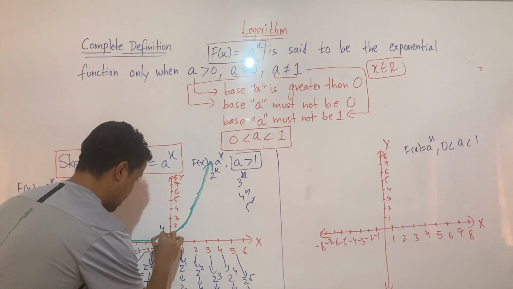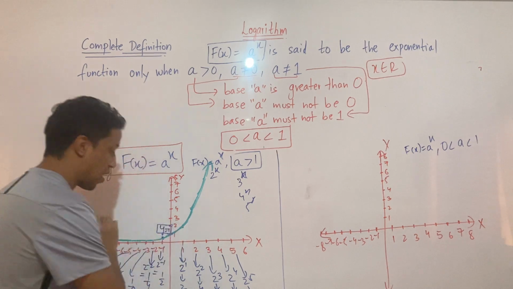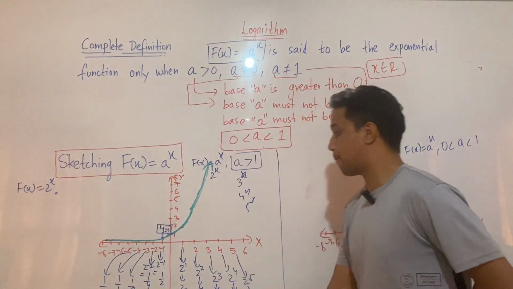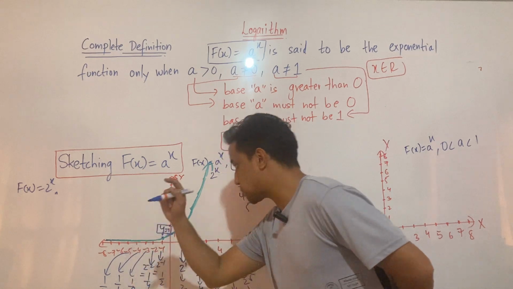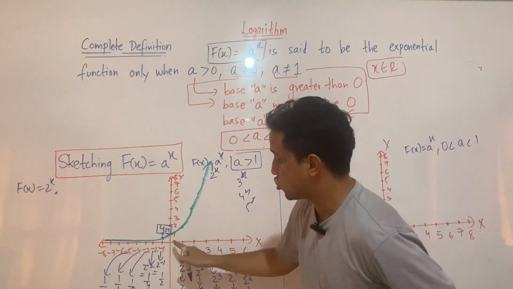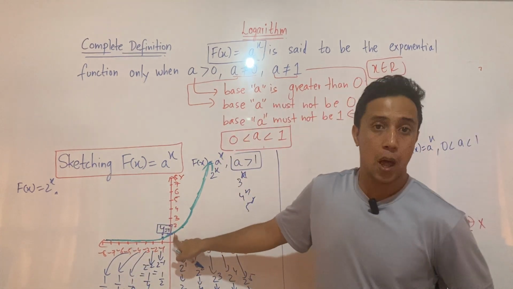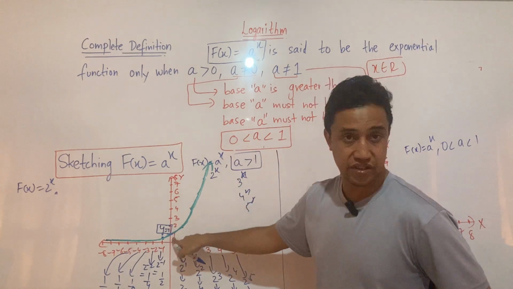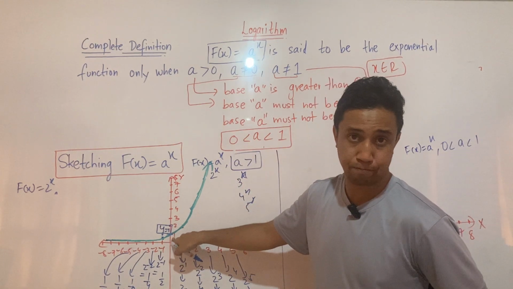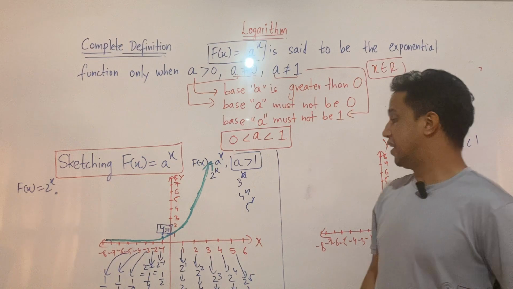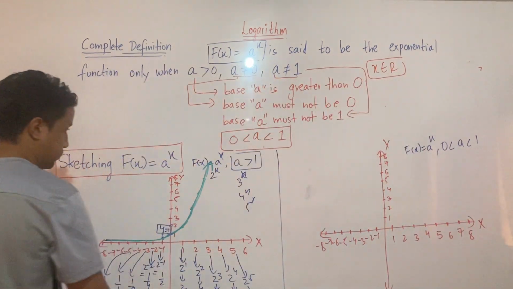Here y equals 1. This is a very important point because all exponential functions have to pass through the vertical y-axis at this point. I hope things are clear to you.